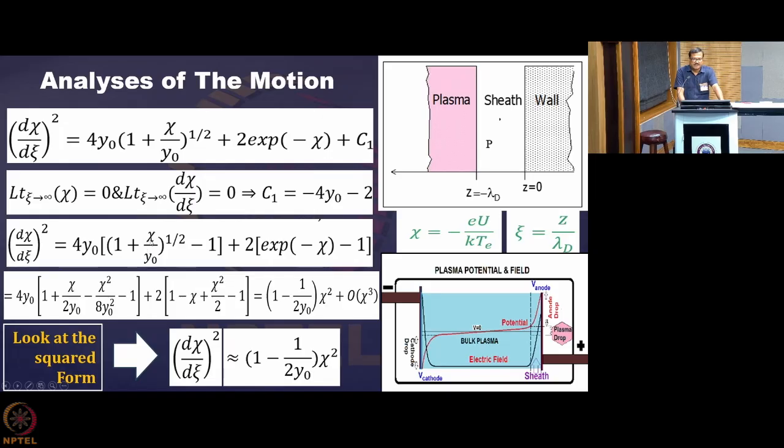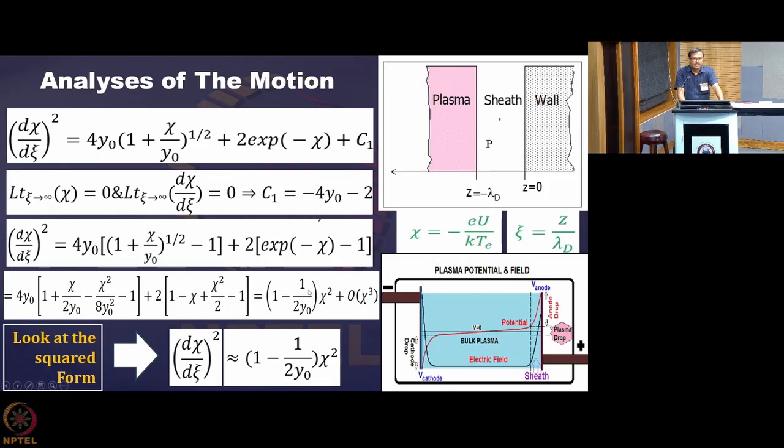If that is the case, we can expand up to certain terms and leave the remaining terms, because this is a small quantity. We expanded it here, kept up to the first and second term, and put this minus 1 here. Similarly for this exponential term, chi is small because kT is the thermal energy and chi by kT is small, so we again expanded this one.